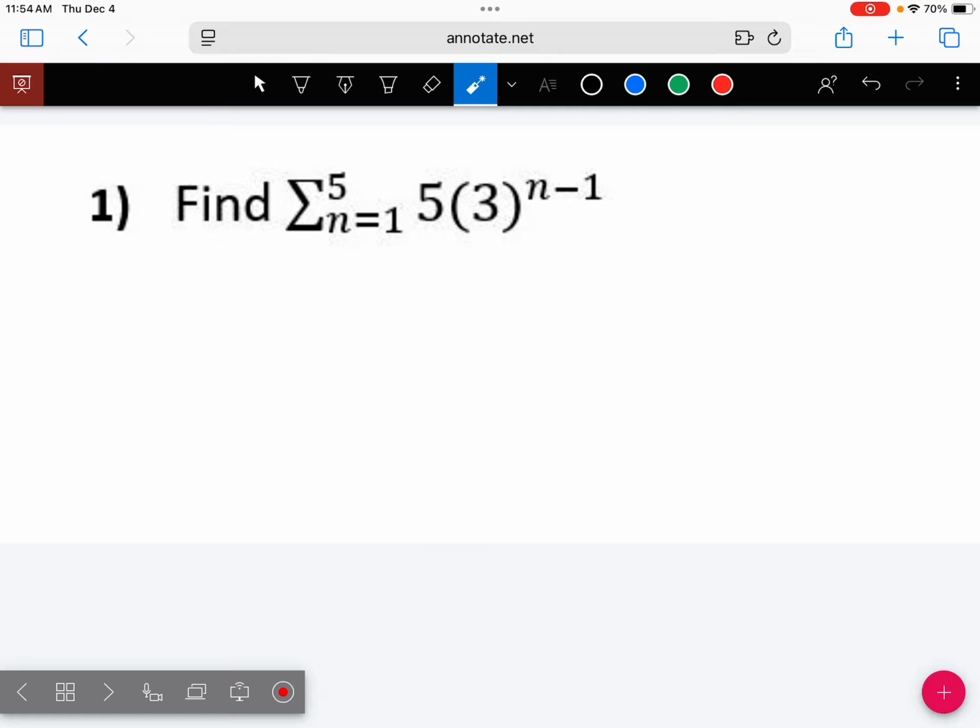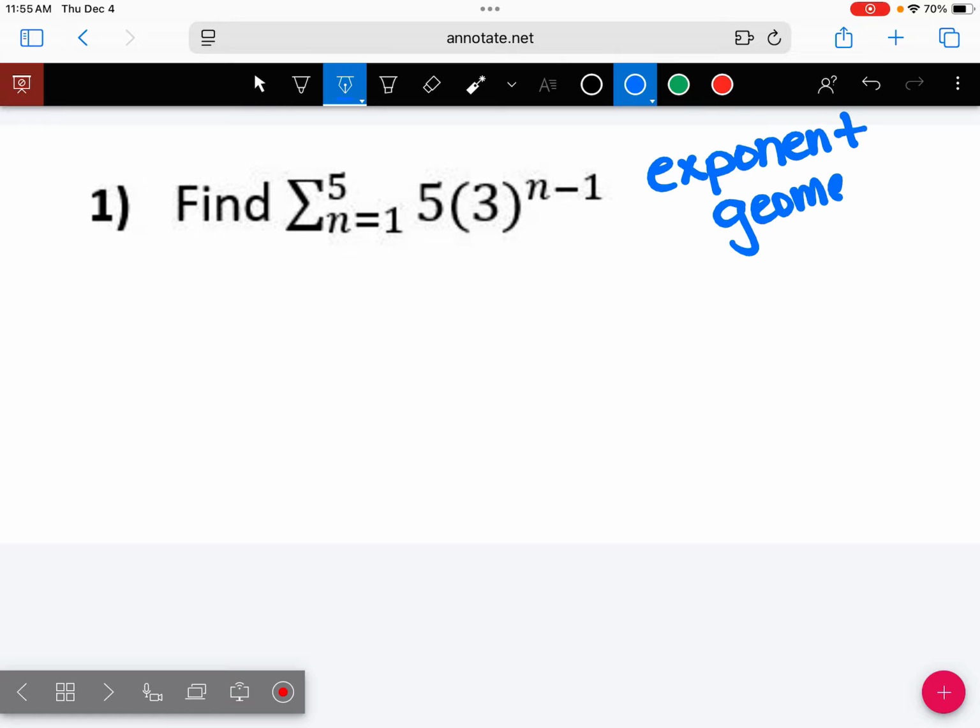Exponent. All right, go ahead and write that down. If your rule has an exponent, that means that it is geometric. So because it's geometric, this is my geometric general rule.